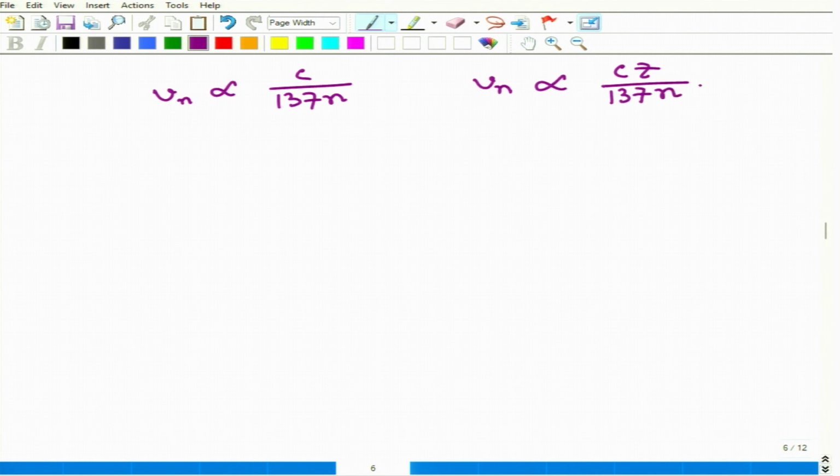Other part is constant, right? So by using that, now Z is 2 and N is 3, then Vn is proportional to 2C by 3 into 137. Okay, so you can now do the problem.